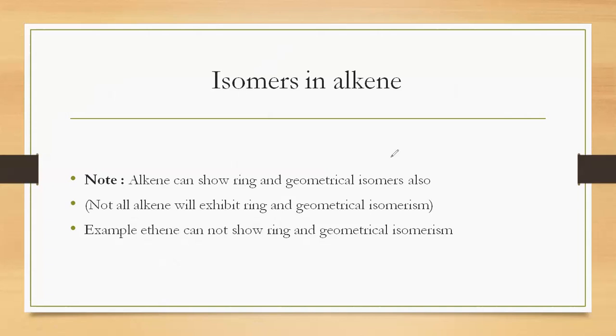Here, C double bond C, with H, H, H, H. What it says is that across the double bond, if different atoms are present, then only they can show geometrical isomerism, but ethene cannot show that.